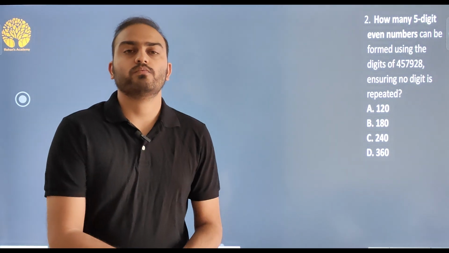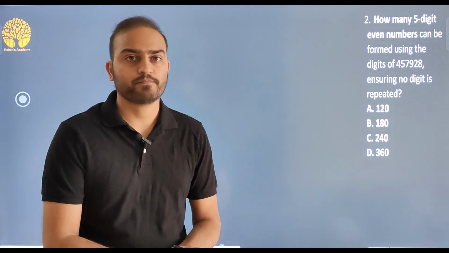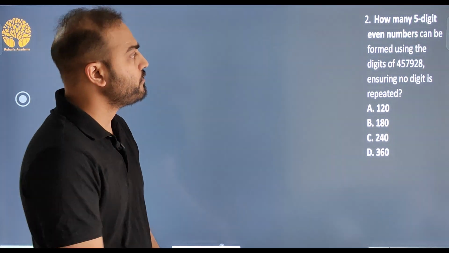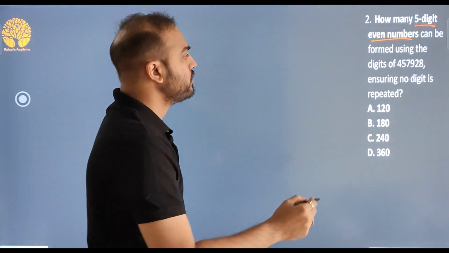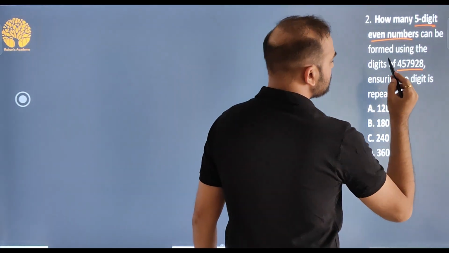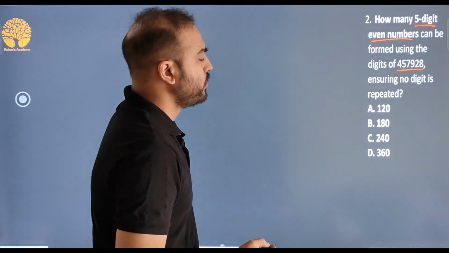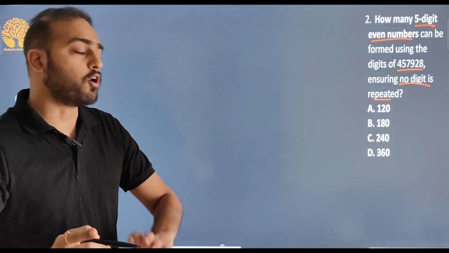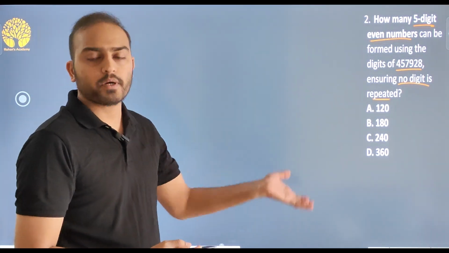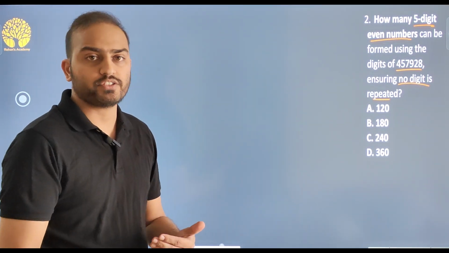Alright, now let's do some mixed questions. If you have read this, we have 5 digit even numbers we need to make. The digits are 6, and no digit is repeated. Because we are doing permutation, don't just think permutation, understand why permutation.